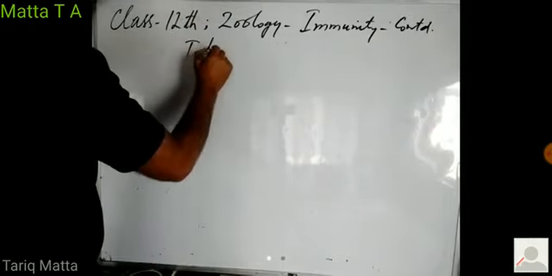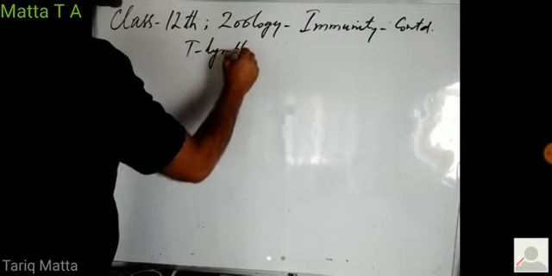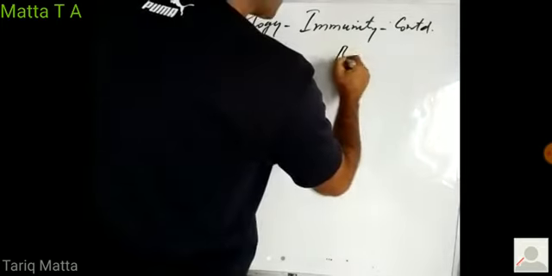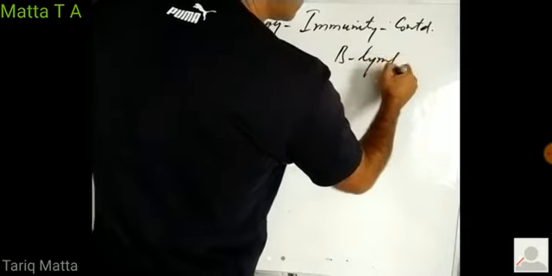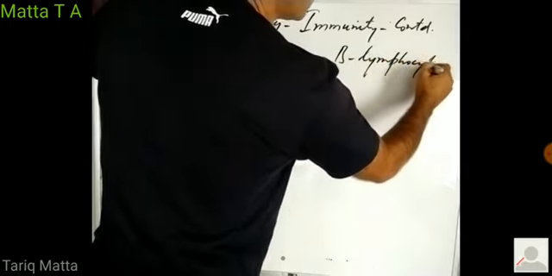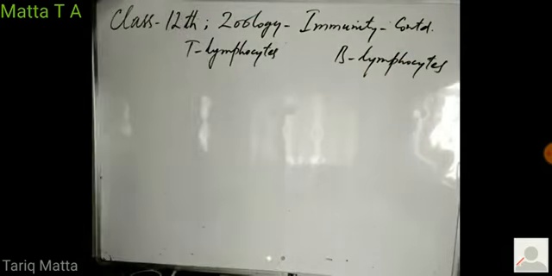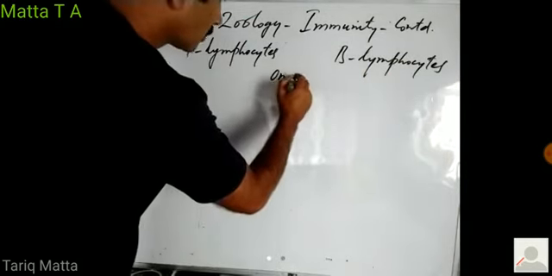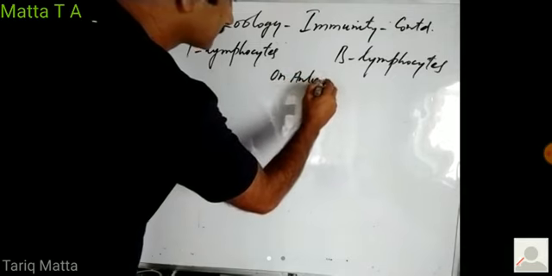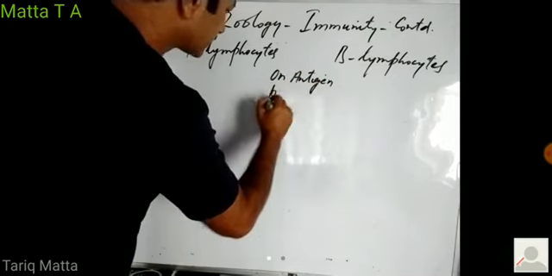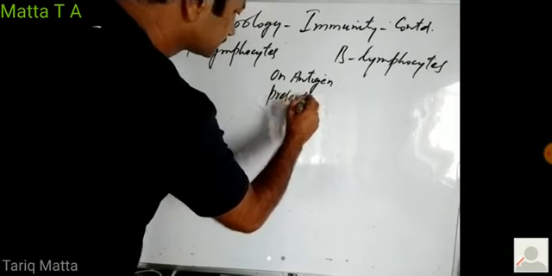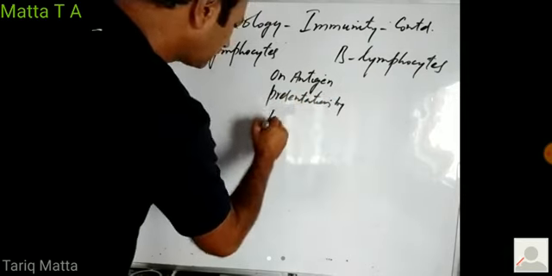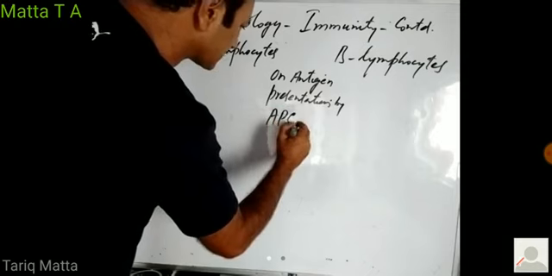Now, T lymphocytes and B lymphocytes, on antigen presentation by APCs, antigen presenting cells.